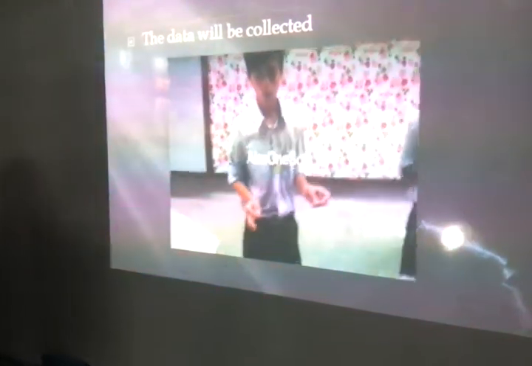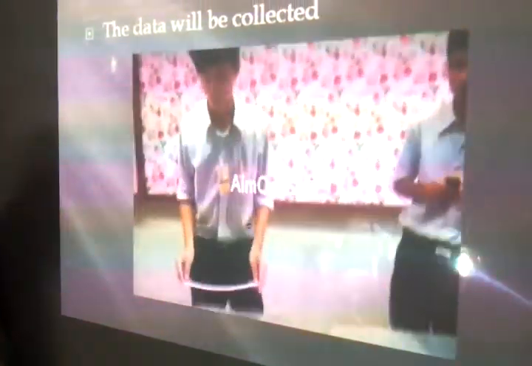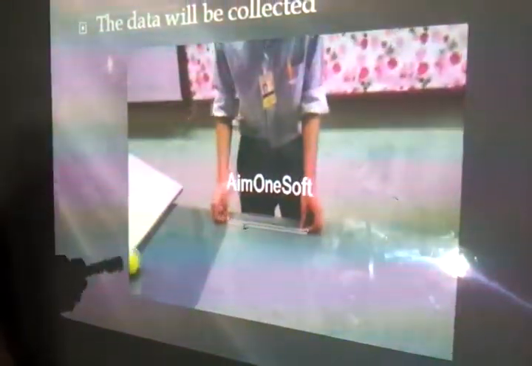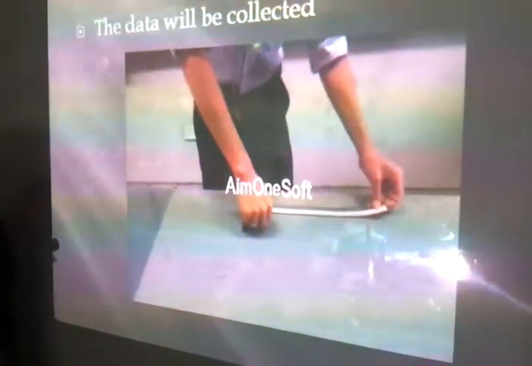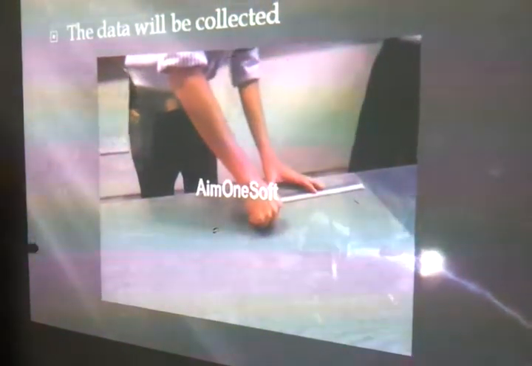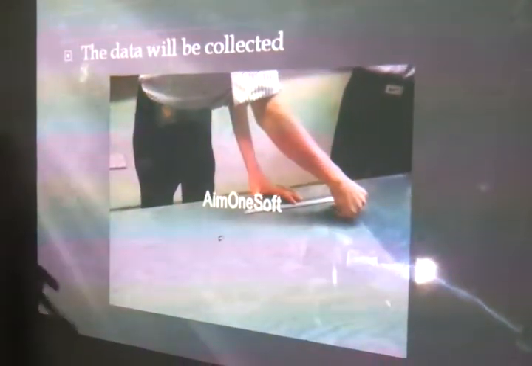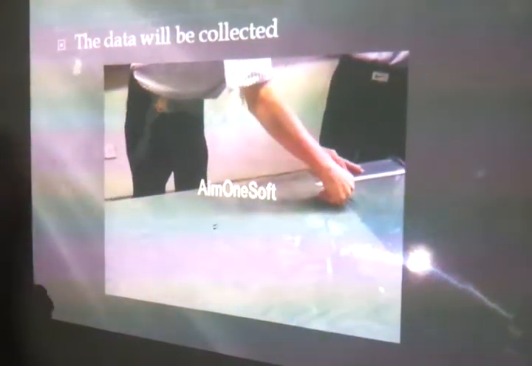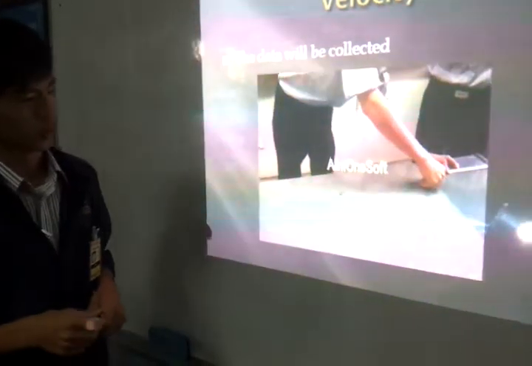We will be using a ruler, and this is the starting point. We will start measuring from here until here. This is the ending point. Actually, it's just an example, so it might not be accurate.